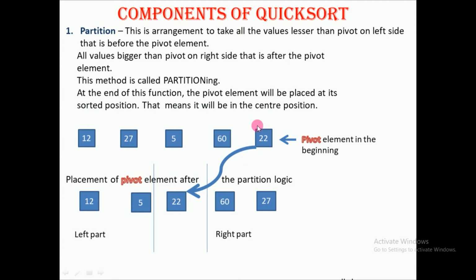After the partitioning process, the pivot element will be placed in the center, or in the position where it must be. Maybe we can see 12, 5, 22, 60, 27. You can see all the elements lesser than 22 are on the left side, and all the elements bigger than 22 are on the right side. This technique we call the partition technique.